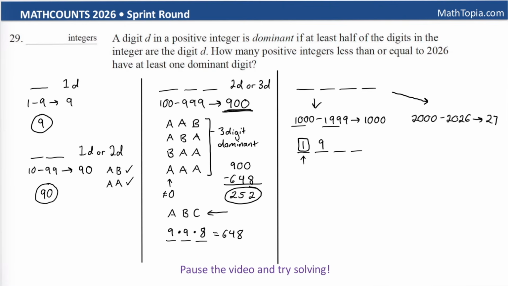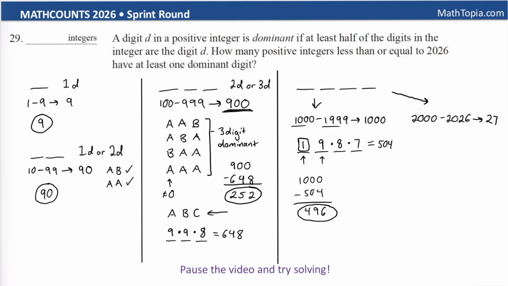And then for our tens place, we can choose any of the 10 digits except what we chose for our thousands place and hundreds place, so 8 total options, which means there's 7 total options for a different ones place digit. 9 times 8 times 7 is 504, so there's 504 integers that are not dominant between 1,000 and 1,999. So there's 1,000 minus 504, which is 496 total dominant integers within this range.